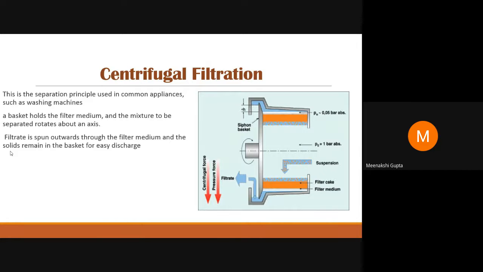We place the wet clothes in the basket, and the basket rotates. Through centrifugation, water is removed from the basket to the outside, and only dry clothes remain in the basket. So we can easily understand the process of centrifugal filtration with the help of a washing machine.